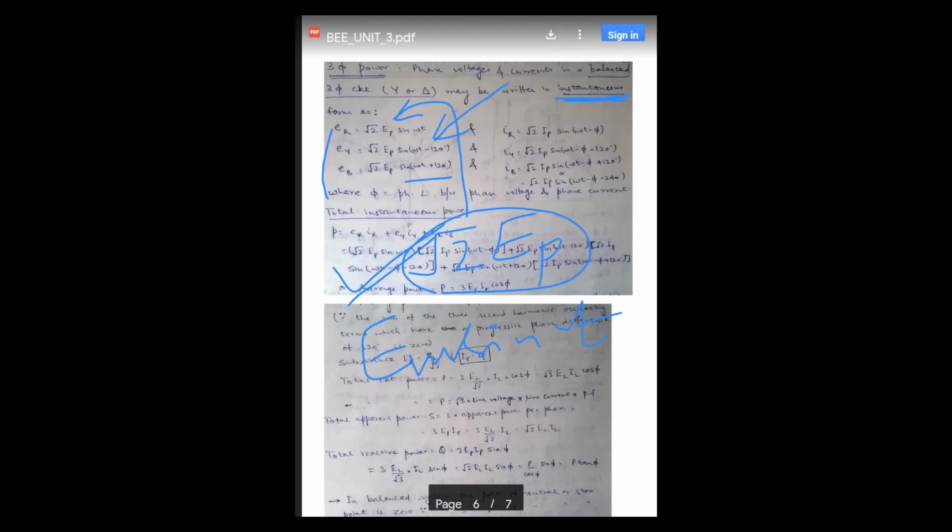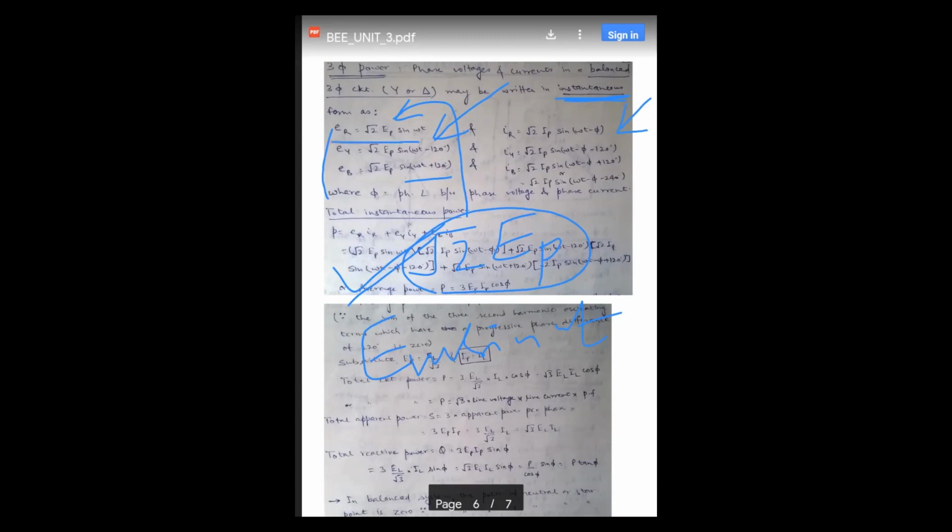But since the most relevant is RL load, we are going for that. In the RL load, the phase current lags the phase voltage by some angle phi.